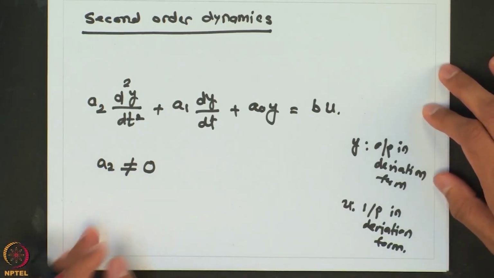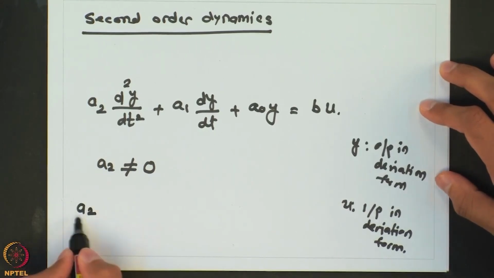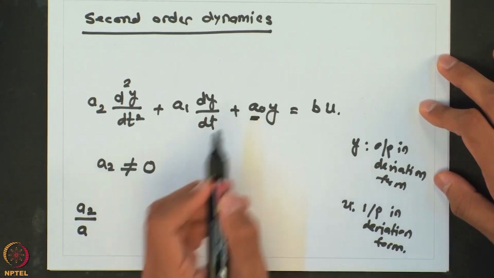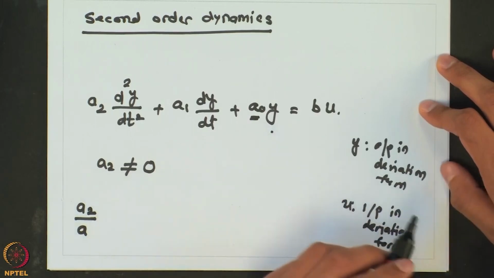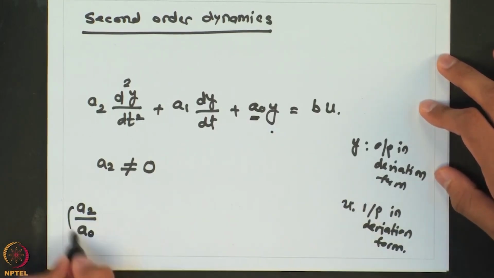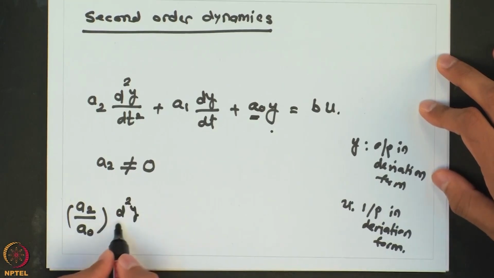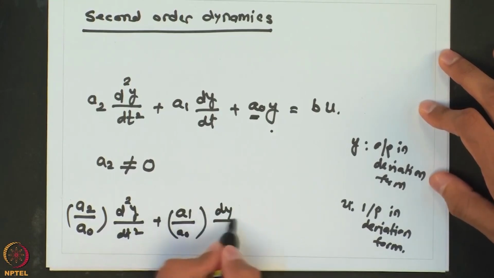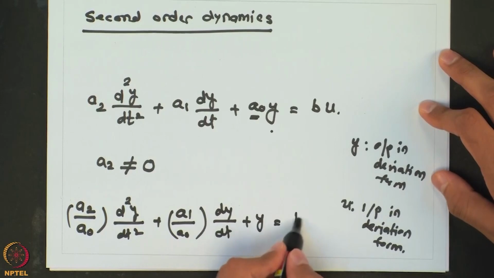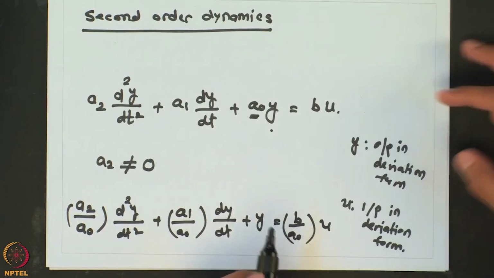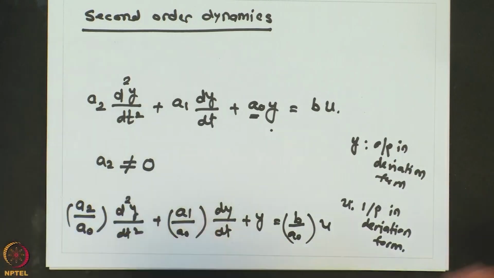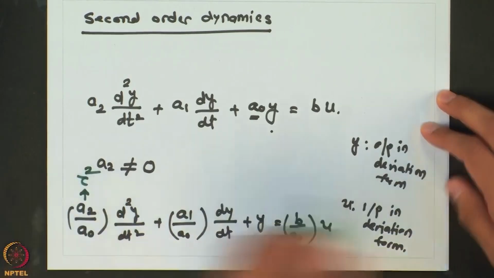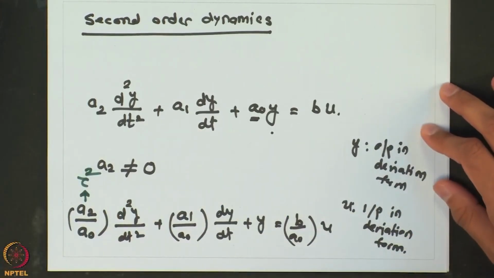So we will typically write this in a form which was very similar to what we did for a first order system, is that we divide all over by A0, so that we want the coefficient multiplying y to be 1. And then the way we represent these, we represent this as a square of a parameter tau, tau square.